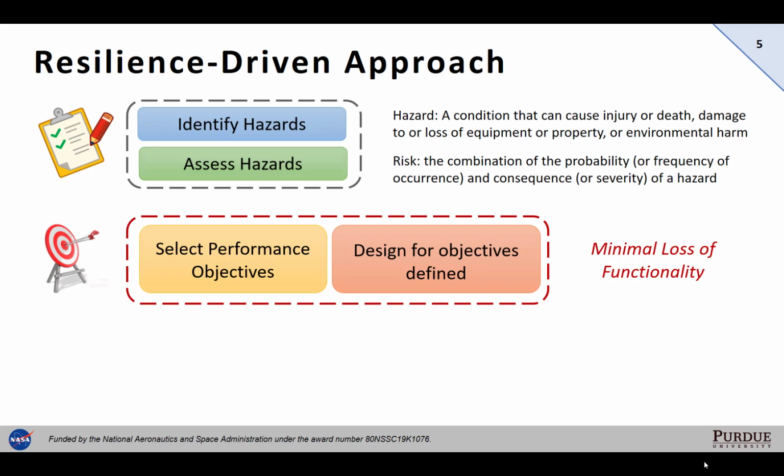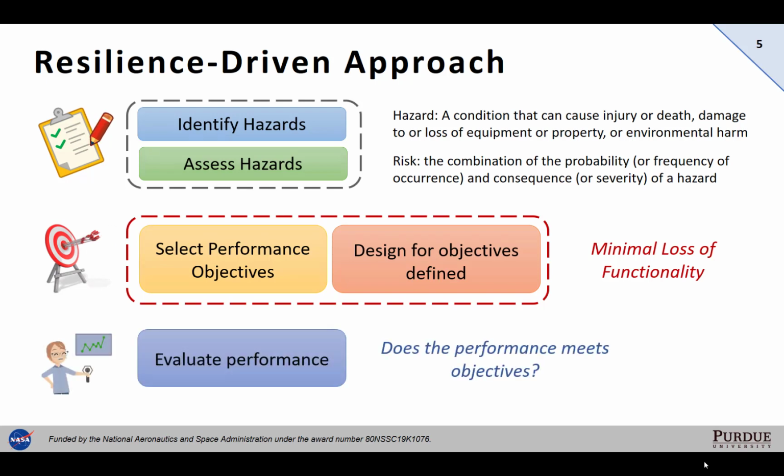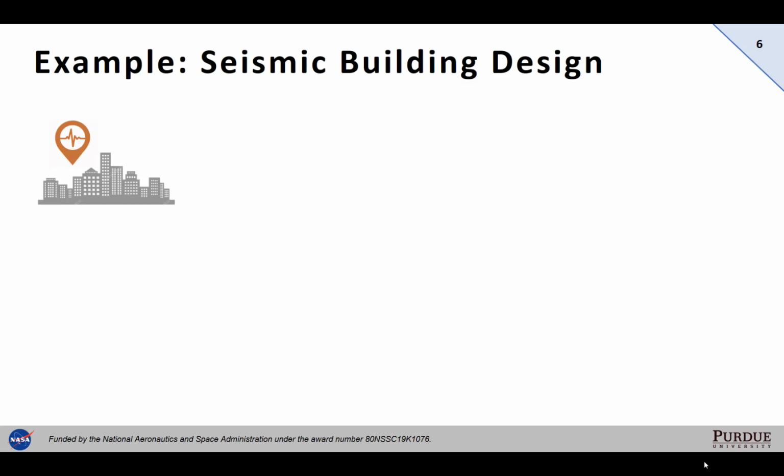In that way, we can select performance objectives and design for those, so that in the resilient context, we have minimal loss of functionality. And finally, through simulation and other tools, we can evaluate the performance of the systems to see if they really meet our initial objectives.